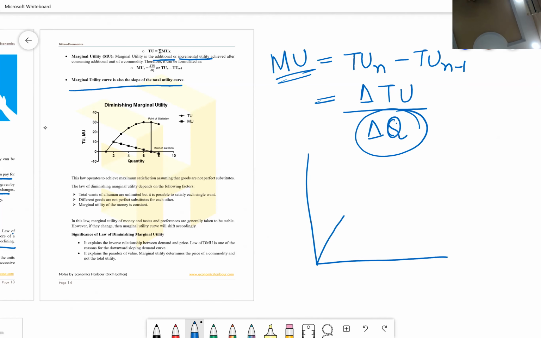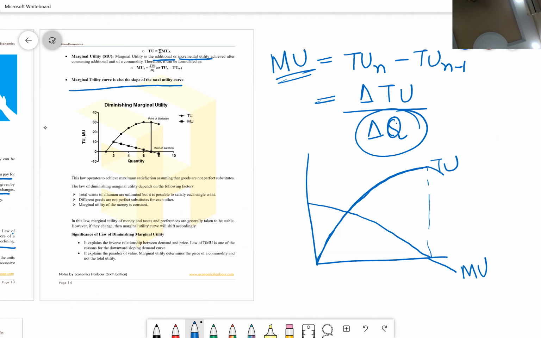So this is the total utility curve and your marginal utility curve, because this is concave in nature, right? So the marginal utility curve will keep on declining till it reaches zero, after which it will turn negative.